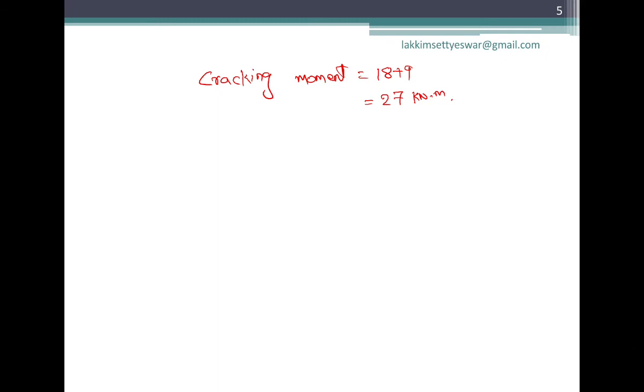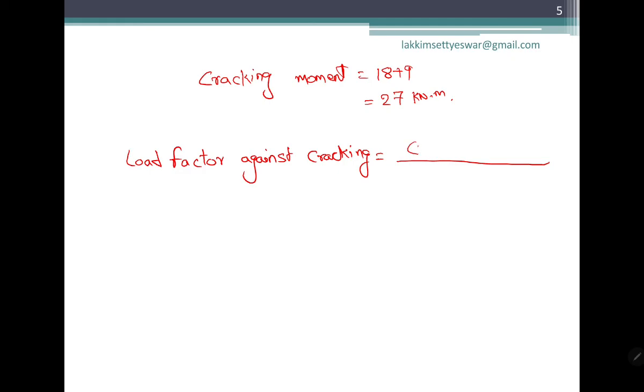Now we need to calculate the load factor against cracking. This is the final step for this problem. Load factor against cracking is equal to the ratio of cracking moment to working moment.